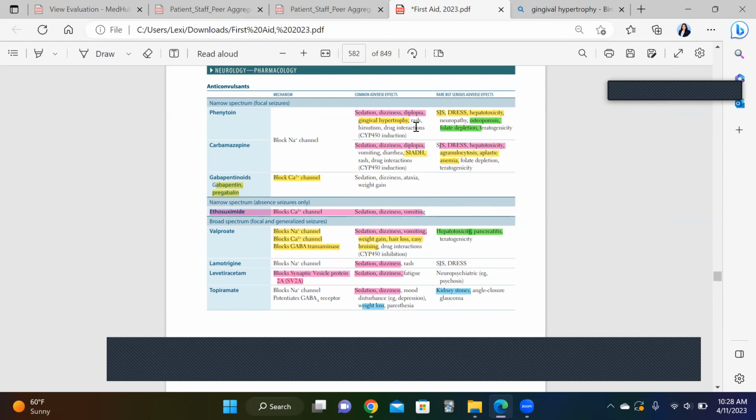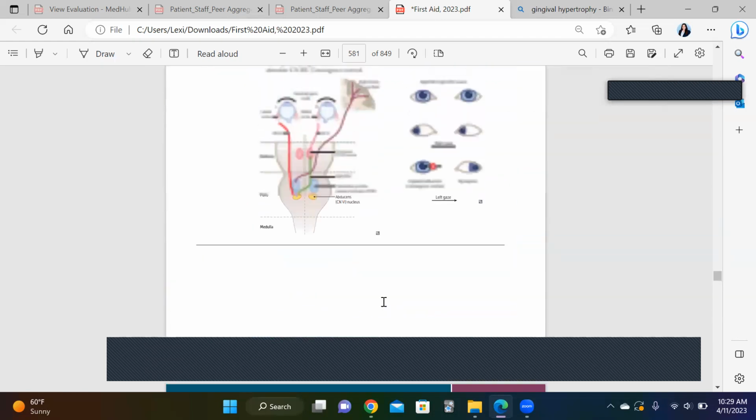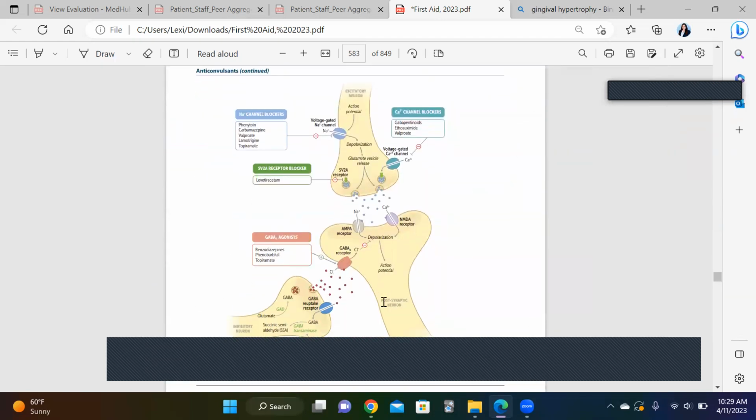Okay? Special things are gingival hyperplasia for phenytoin, SIADH for carbamazepine, and then our supermodel symptoms for topiramate. Are we on board with all of that? Yes. Okay. All right. So now we're going to start looking at the anticonvulsants picture.